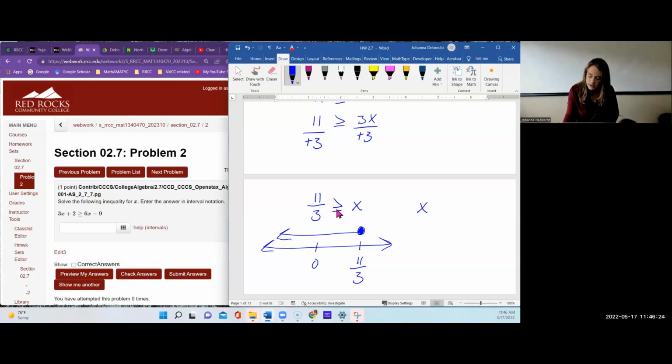So to turn it around and have x on the left and 11/3 on the right, you have to reverse the symbol so that the narrow end is still pointing towards the x and the wide end is still pointing towards the 11/3. That maintains what we call the sense of the inequality. In this way, you can avoid having to invoke the rule of multiplying or dividing by a negative.